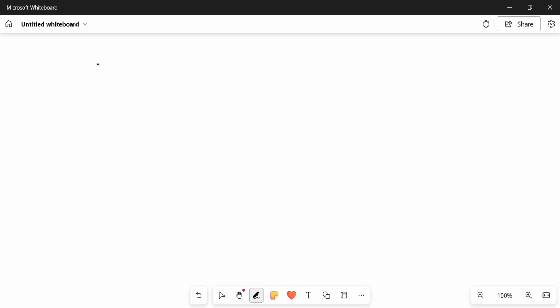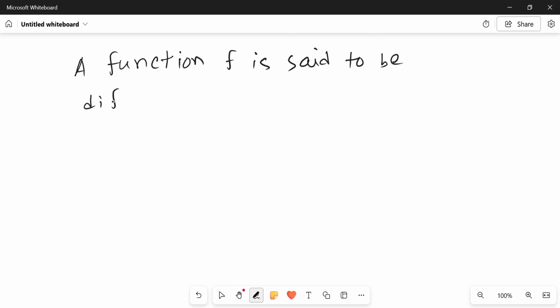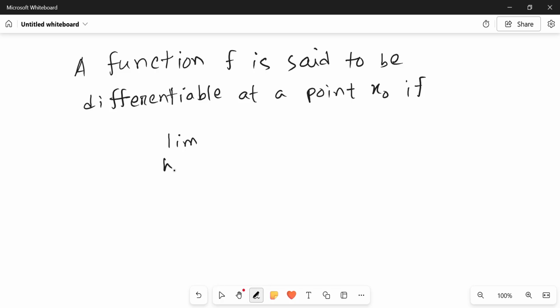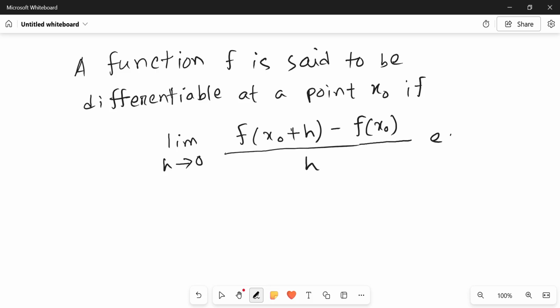We know that a function f is said to be differentiable at a point x0 if the limit h tends to 0 of f(x0 + h) minus f(x0), divided by h, exists.